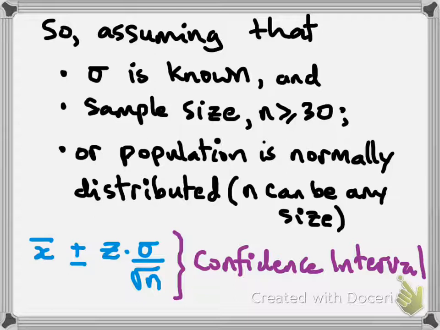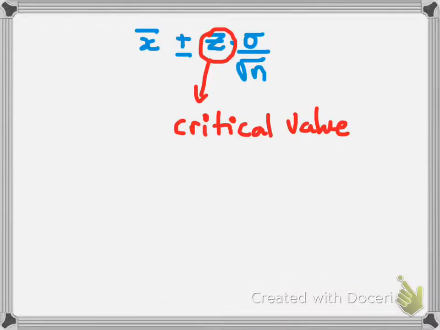X bar plus or minus z multiplied by sigma divided by the square root of n. That's what we're going to use. The z in that formula is called the critical value, and I'm going to show you how to find that. Of course, you know that x bar is the sample mean, sigma is the population standard deviation, and n is the sample size.